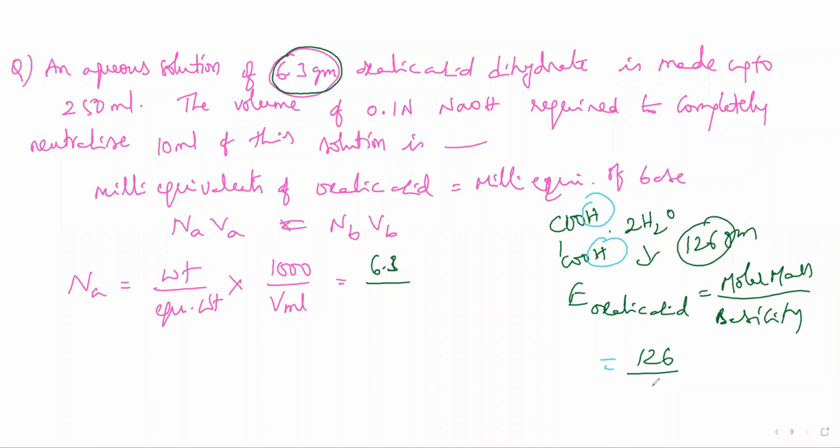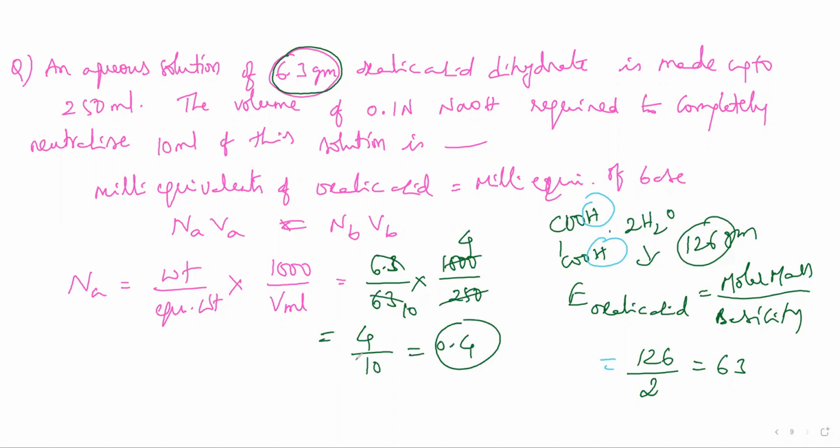How many replaceable hydrogens? 2. So that is 63. So equivalent weight is 63. Now I am substituting here. In 1000 by, what is volume of solution in ml? 250. So 250 means 4 times. 6.3 in 63, 10 times. 4 by 10, that is 0.4. So now we found the normality of acid.